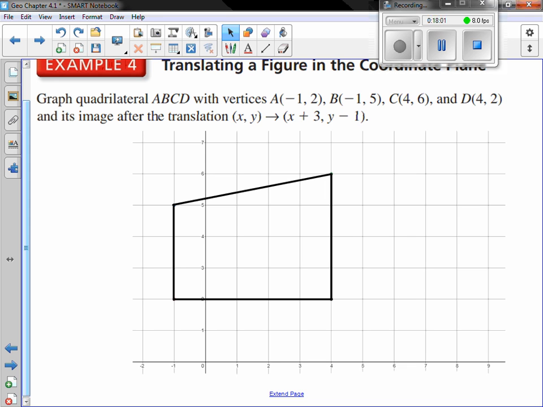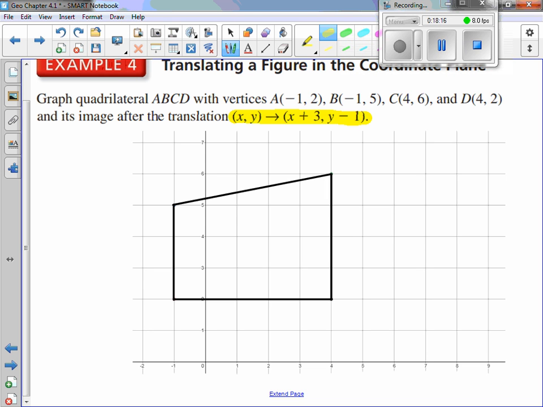And really, let me get a highlighter. What this is saying is that to each x value we're adding 3. If we're adding 3, we're moving it which direction, left or right? Right, 3 units, yes? The minus 1 is telling me I'm moving up or down 1 unit. I'm moving down 1 because we're subtracting 1.